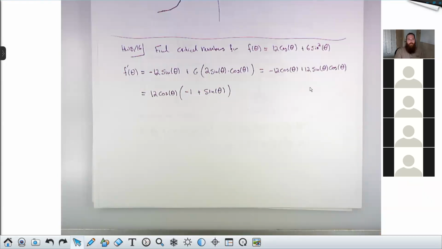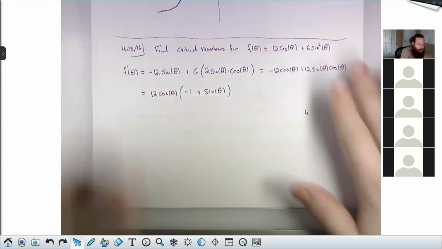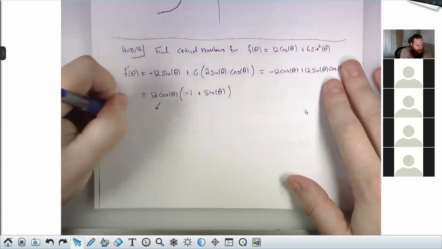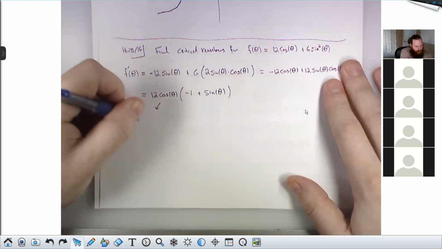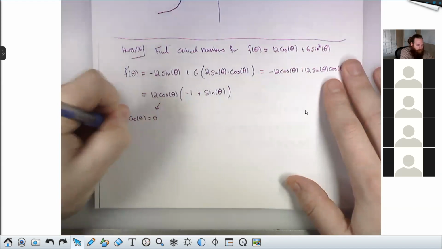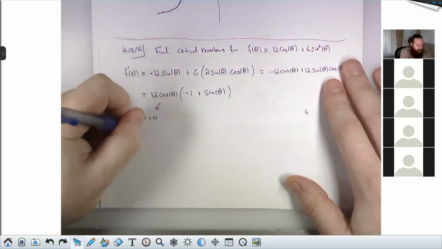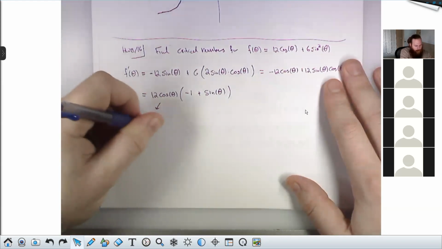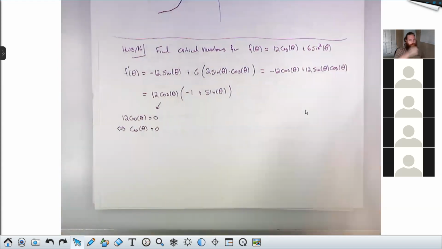Now that I have this in factored form, I can set each factor equal to 0. 12 cos theta equals 0 if and only if cos theta itself is 0, and cos theta is equal to 0 at the top and bottom of my unit circle.